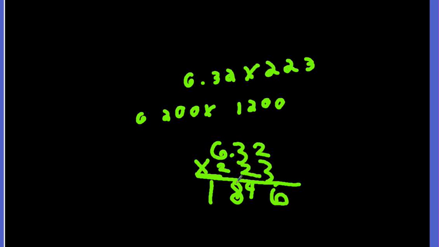So now we're gonna make Mama happy. Now we're gonna cross this out. 2 times 2 is 4. And now 3 times 2 is 6.